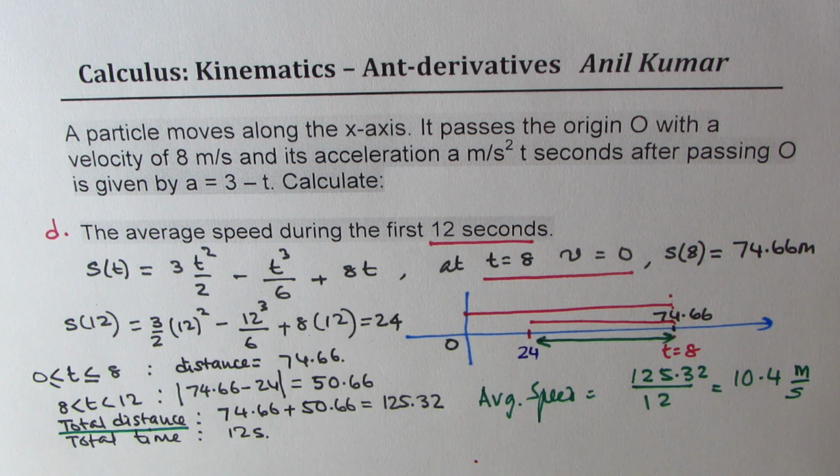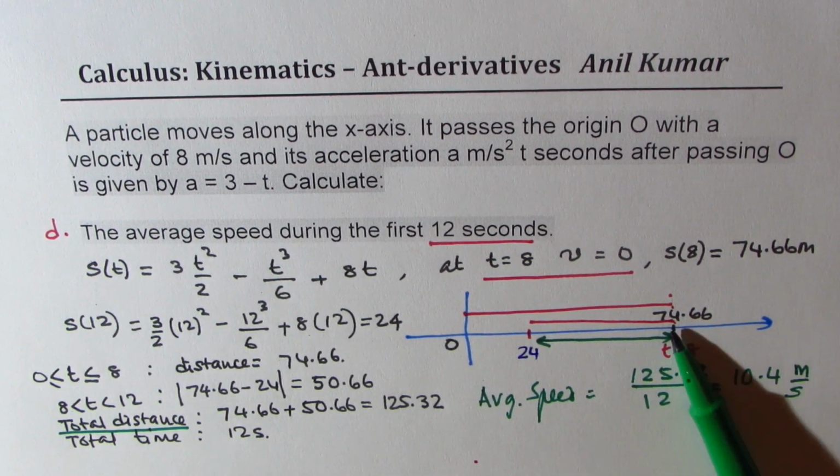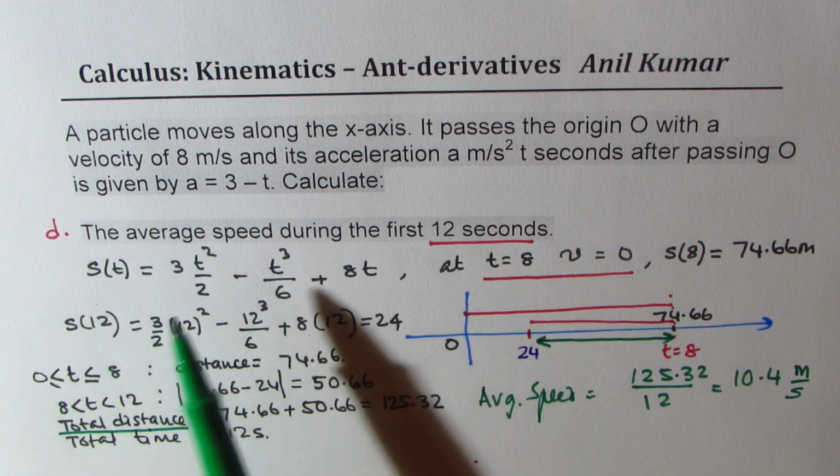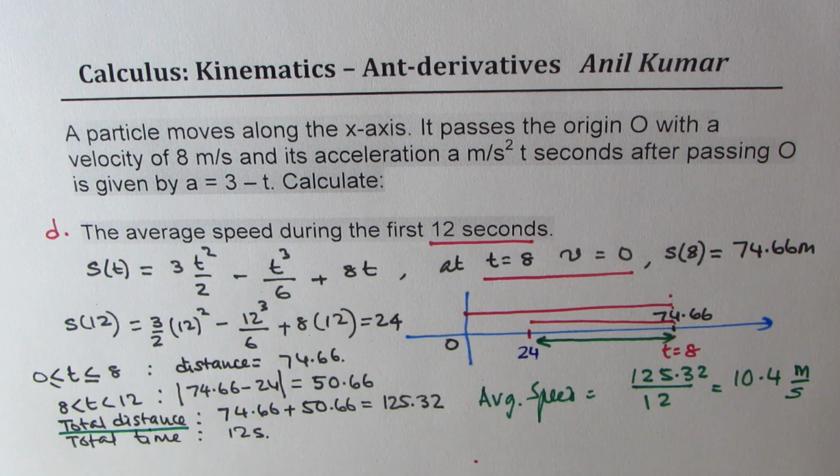It was 0 for t equals 8, so that is the turning point as shown here, and we knew how to find displacement by antiderivative of velocity. We got a cubic equation there, and substituting the values we could calculate all the things required. I hope it makes sense.